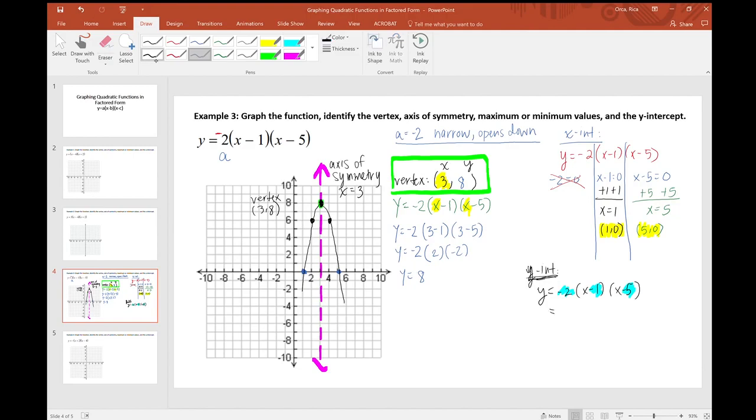So that's -2 times -1 times -5. -2 times -1 is 2, and 2 times -5 is -10. So class, the y-intercept is at -10. Another way to write that is 0, -10. So let's go ahead and plot a point at 0, -10.